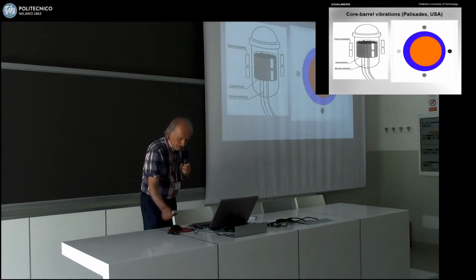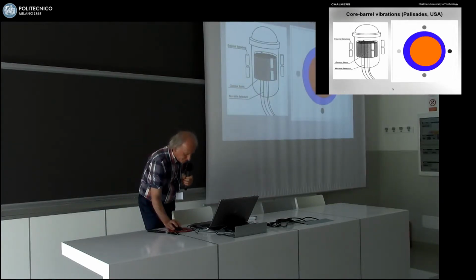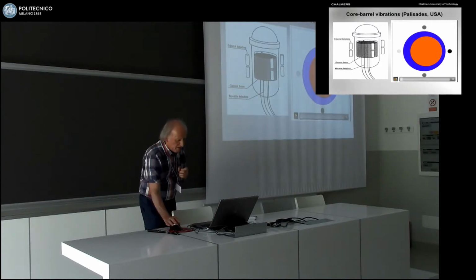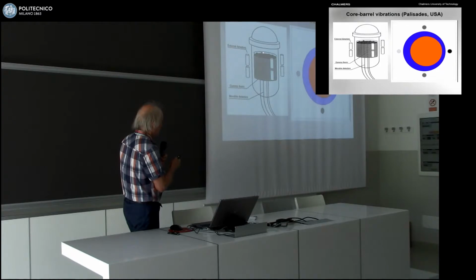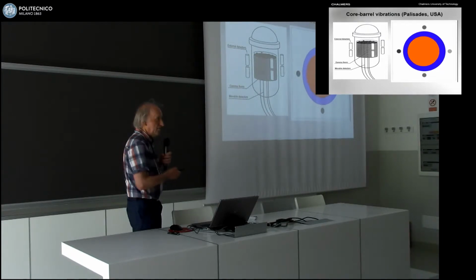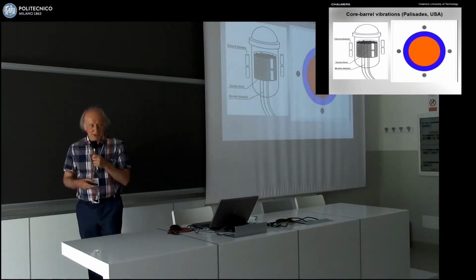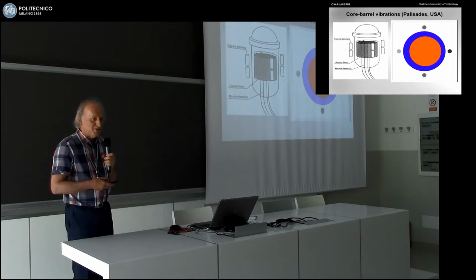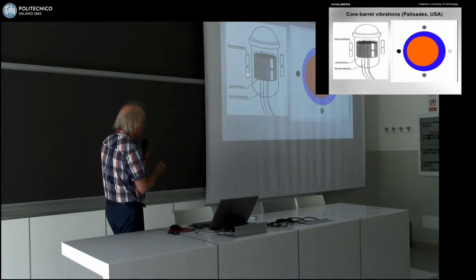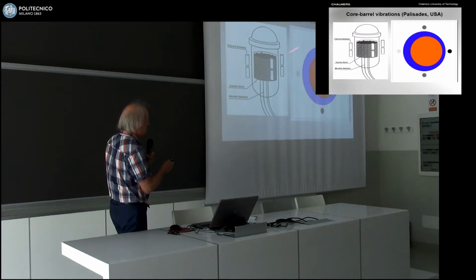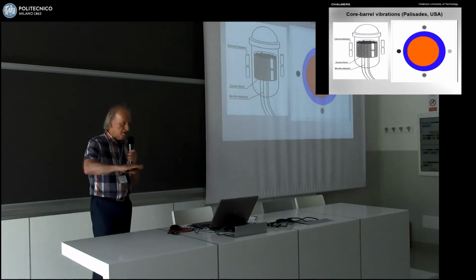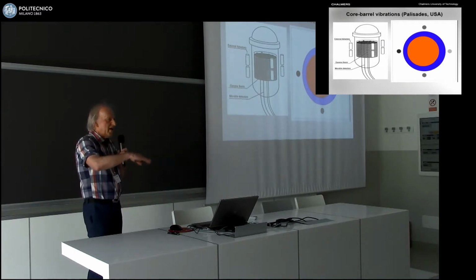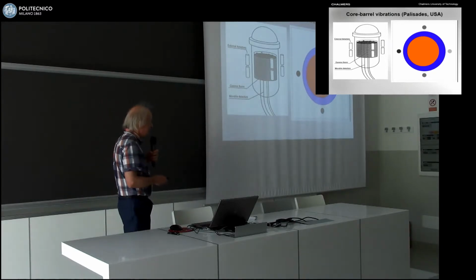And this is another case which many people may know, that the core barrel or the whole core of a pressurized water reactor can vibrate. Of course, that's very much exaggerated because that's in the sub-millimeter range. And usually there are neutron detectors. This is one of the Ringhals reactors in Sweden, where there are 4 detectors at one horizontal level, and there are twice 4 detectors at 2 axial levels.